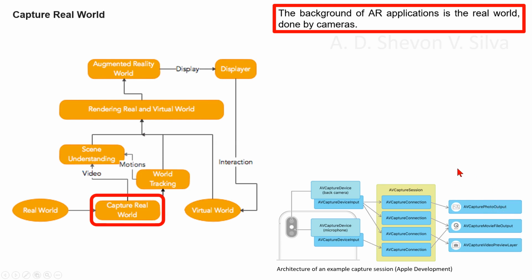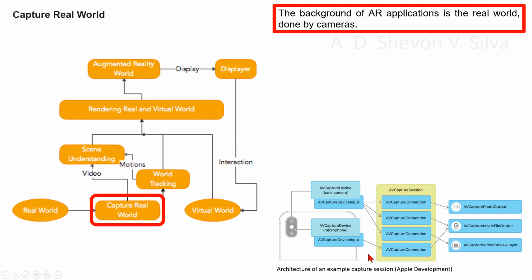A session can have multiple inputs and outputs. For example, to record both video and audio in a movie, add inputs for both camera and microphone devices.